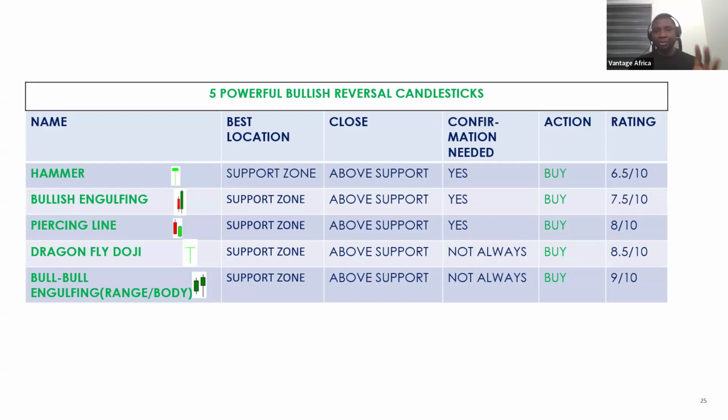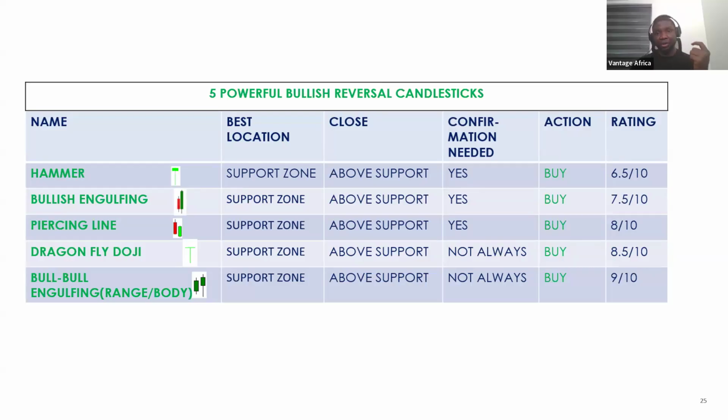Generally, a doji is a candlestick that opens and closes at the same spot. So if a candlestick opens, moves up and down, and then closes at exactly where it opened, that is what we call a doji candlestick. It's typically an indecision candlestick.